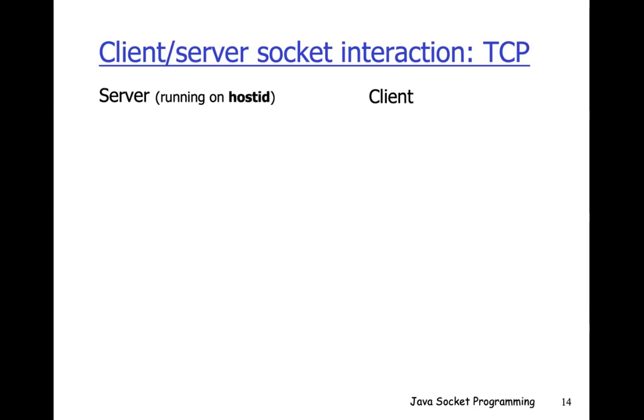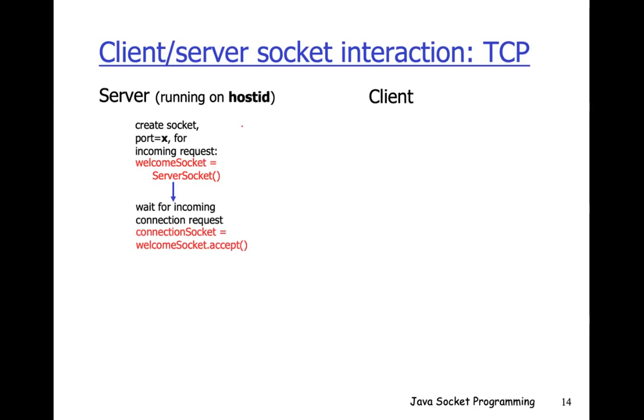Okay, so let us see the whole procedure for this client-server socket interaction. You will first create a server socket: let welcomeSocket equal the server socket. When you create this one, it will listen to the channel and wait for an incoming connection.